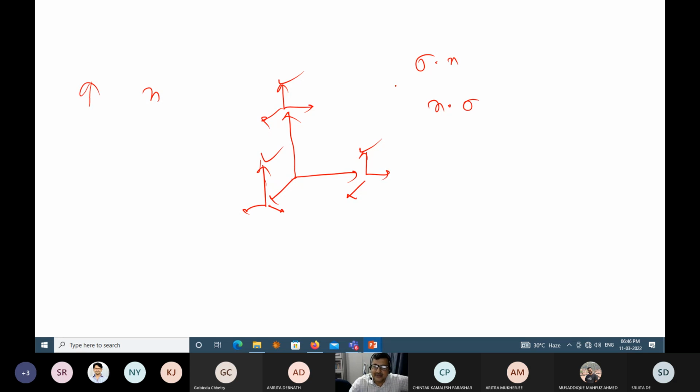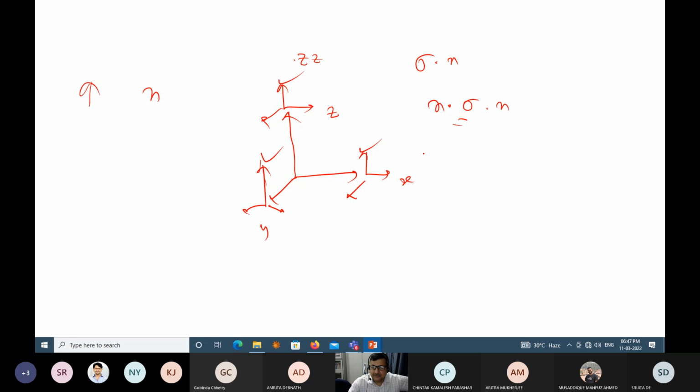Now, when you take another n here, which one survives? What is the direction that survives? If you take two n dot products, it will be this one, right?